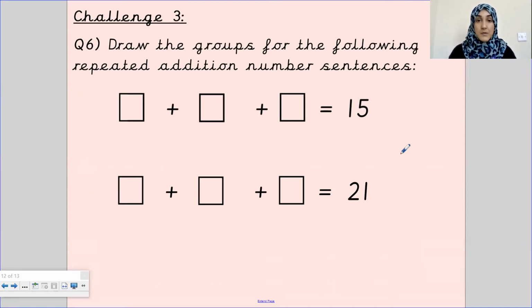Then have 3 groups, and then that 15, put one at a time in each of the 3 groups, and then that will help you to solve this question. Okie dokie. Once you have completed that, let's move on to the extension.